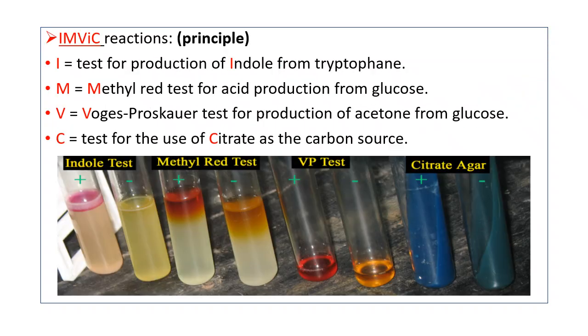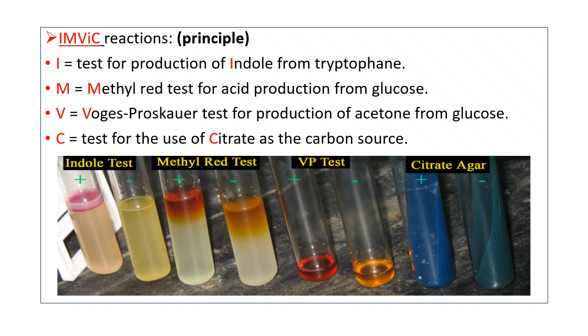Principle of the IMViC test. It indicates 4 tests. The indole test is used to detect the ability of the microorganism to produce indole from tryptophan. Methyl Red detects the ability of the microorganism to produce acid from glucose fermentation. Voges-Proskauer detects the ability of the microorganism to produce acetoin from glucose.